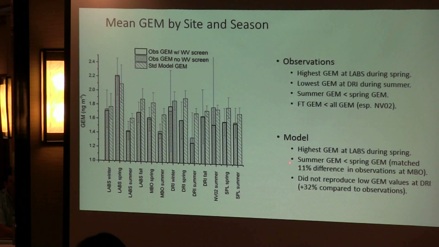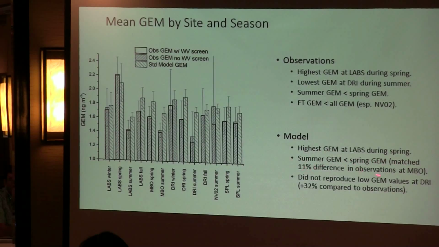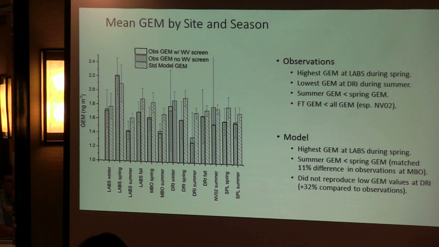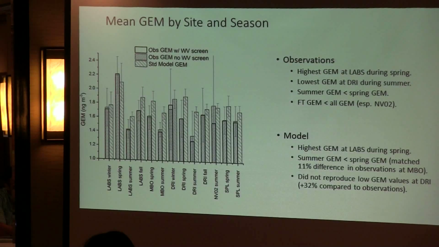We also see a similar seasonal cycle in the model as in the observations, so the summertime elemental mercury is lower than springtime, and that difference between summer and spring was identically matched at Mount Bachelor. 11% lower in the summer than in the spring was seen in both the observations and the model. However, the low values at DRI were not reproduced in the model. The model had elemental mercury concentrations that were 32% higher than the observations.